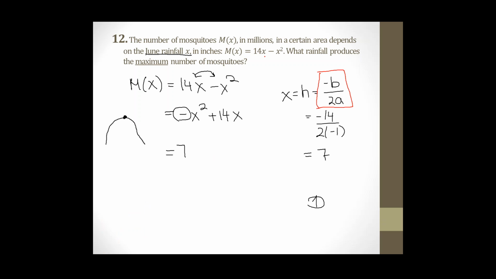And if the question is asking for the corresponding y value, or talking about the vertex, the k, then you can plug your x value back into the equation to find the corresponding y value or k value. But if you prefer to graph it, let's go to our graphing calculator.